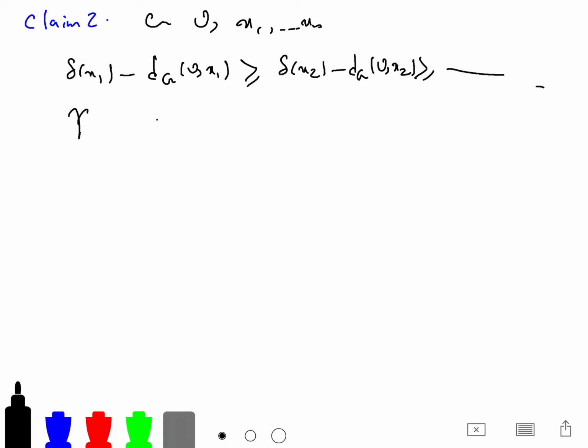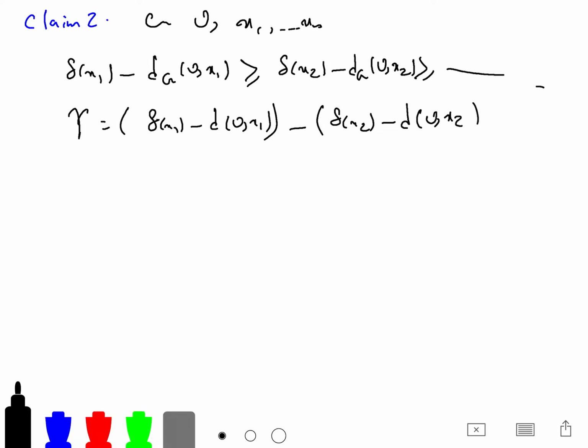And the gamma is defined by delta x1 minus d(V, x1) minus, so the top two biggest differences, delta x2 minus d(V, x2). So everything is calculated by just the triangle inequality.